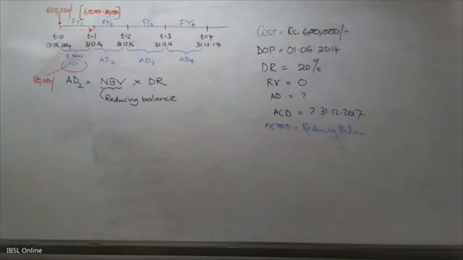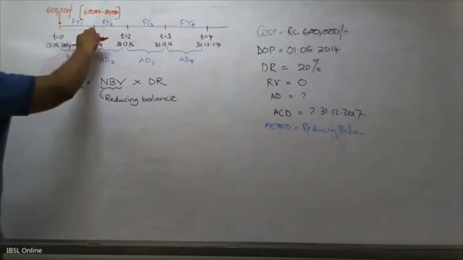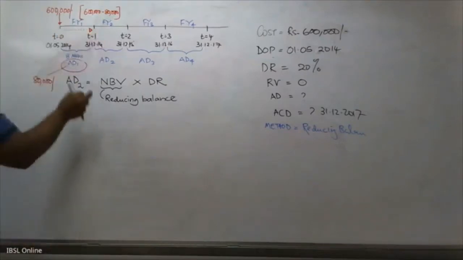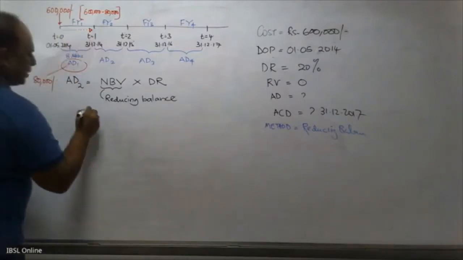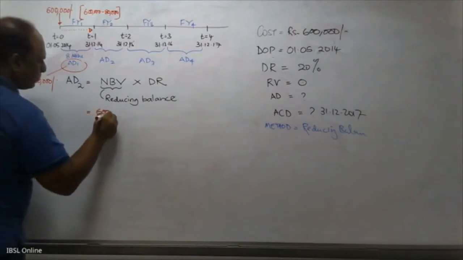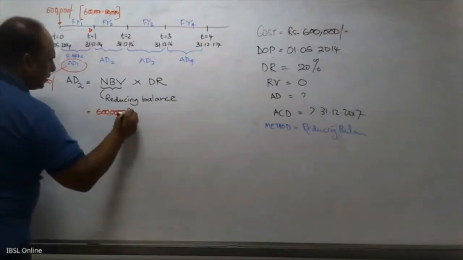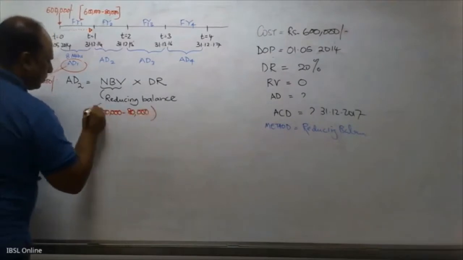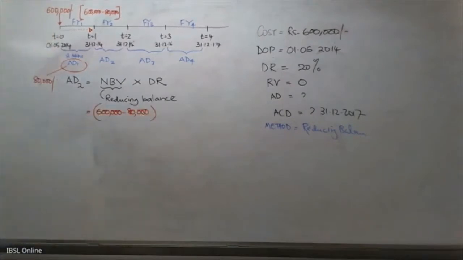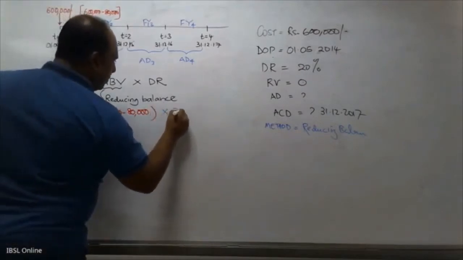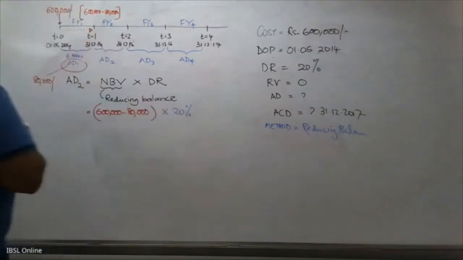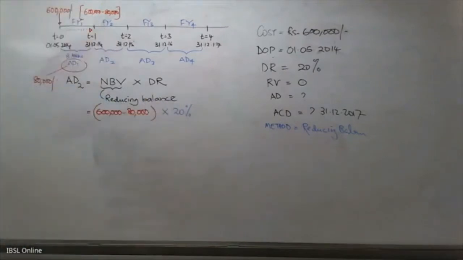When you reach the end of the first financial year, your net book value or the reducing balance is 600,000 minus 80,000. So on that balance only, you are going to apply the 20%. This is what is called calculating depreciation under reducing balance.